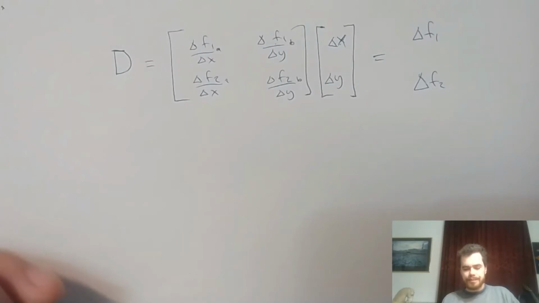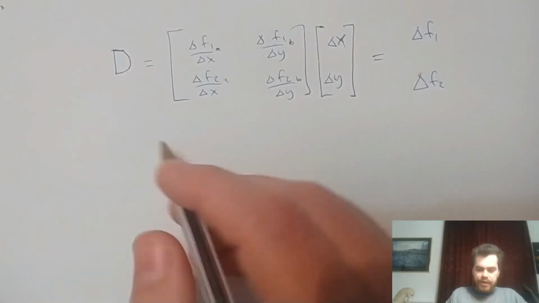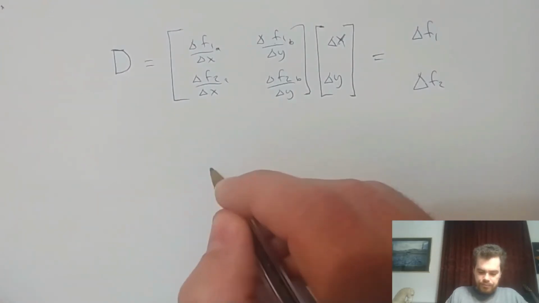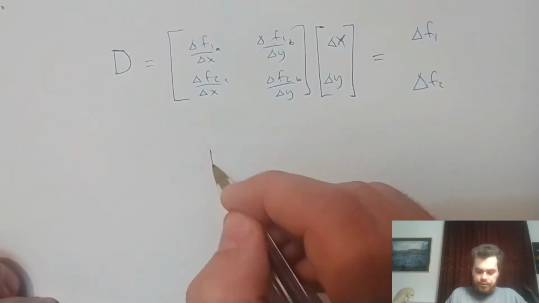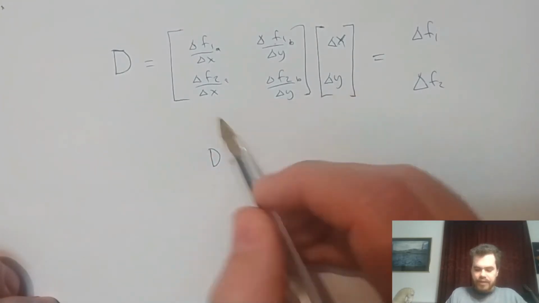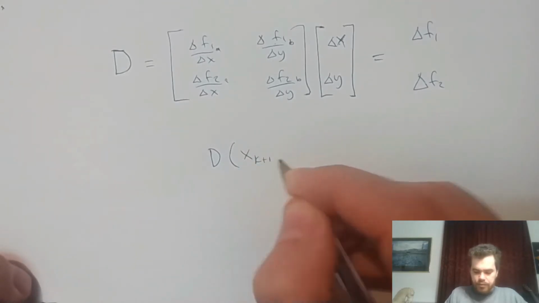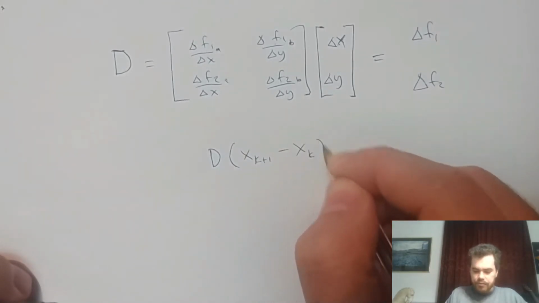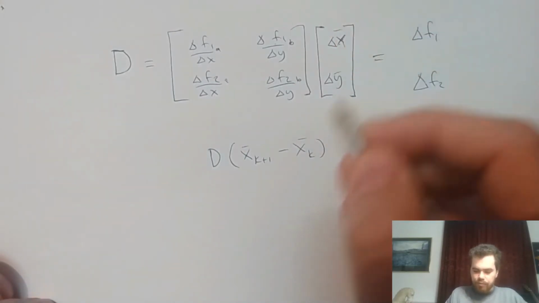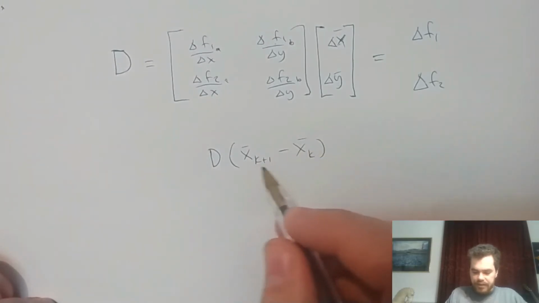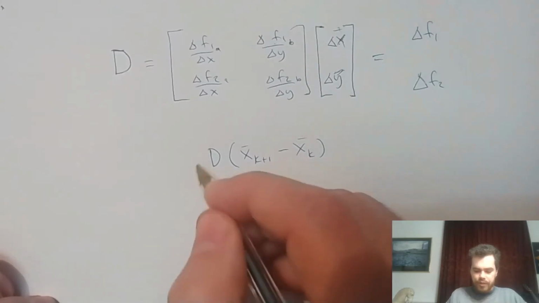So let's expand this a little bit more. I'm actually going to condense this all down just to write D, and then I'll write delta x as the difference in the x terms: x k plus 1 minus x k. Remember, these are vectors. This x k plus 1 and x k represent this pair of coordinates.